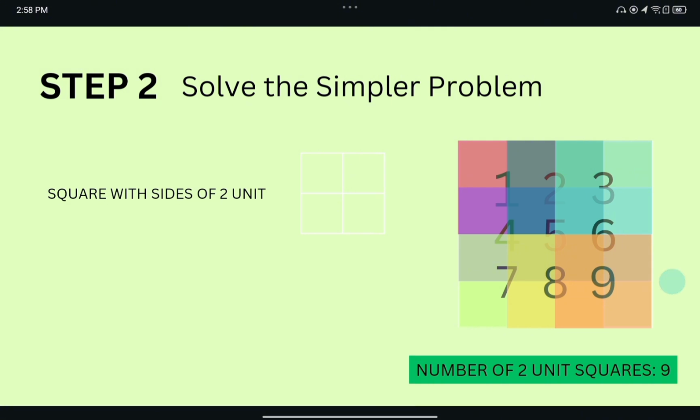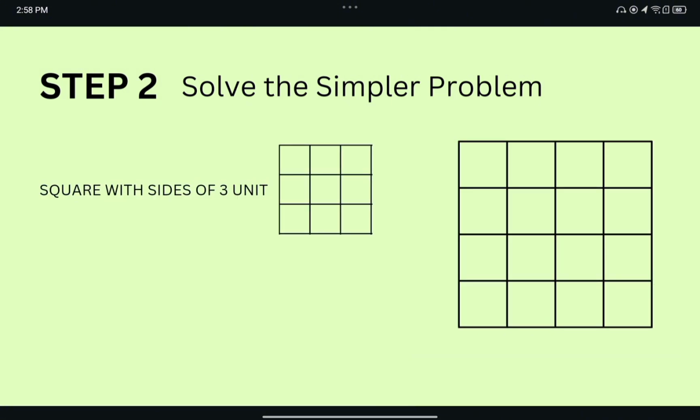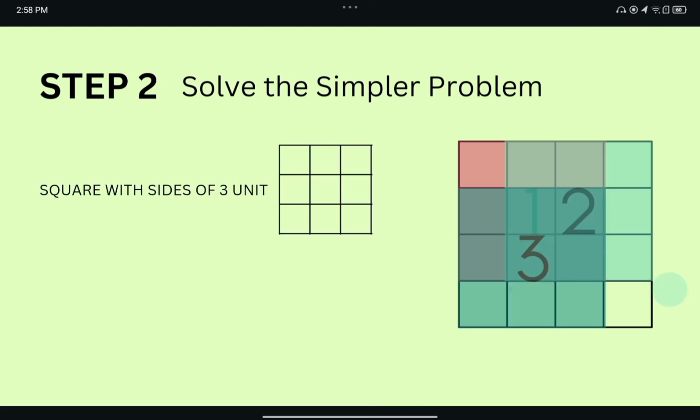Now, we will be doing the squares with sides of 3 unit. We will do the same thing, counting again. So now, we will start counting. We have 1, 2, 3, 4.